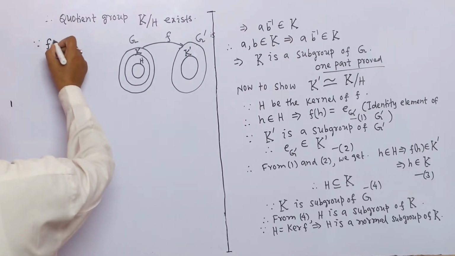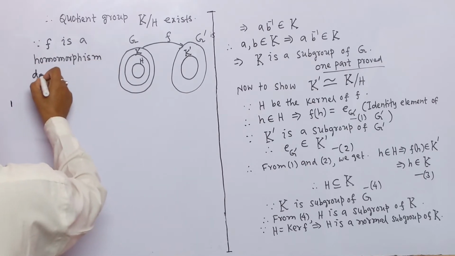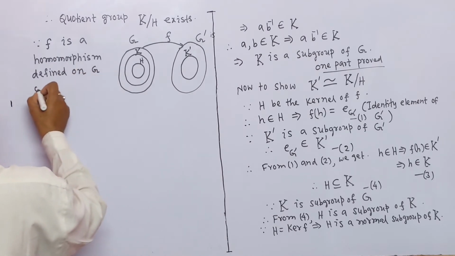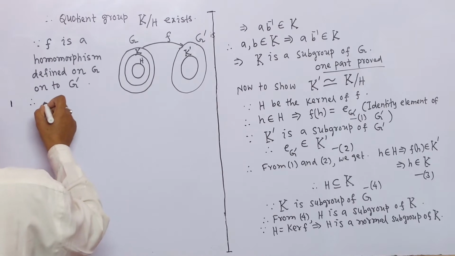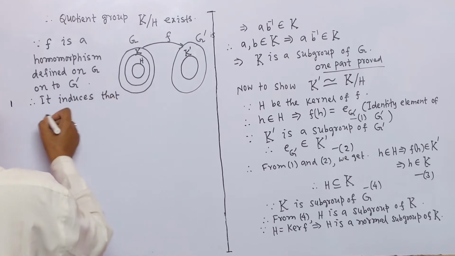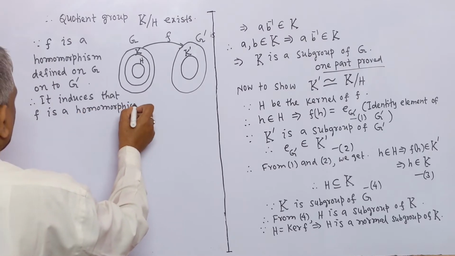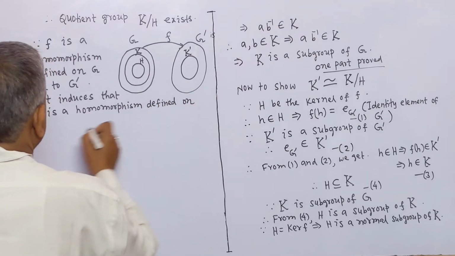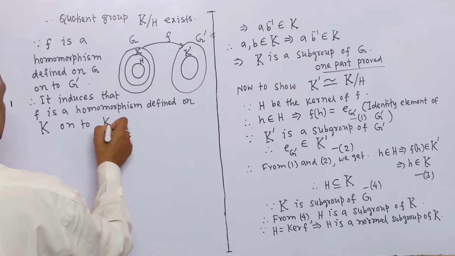Since F is a homomorphism defined on group G onto G prime, it induces that F is a homomorphism defined on K onto K prime.